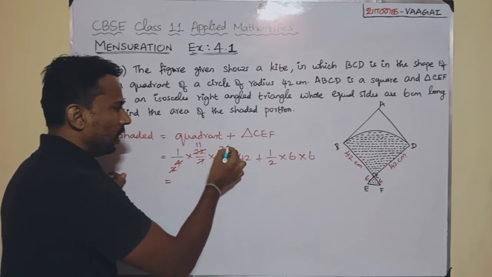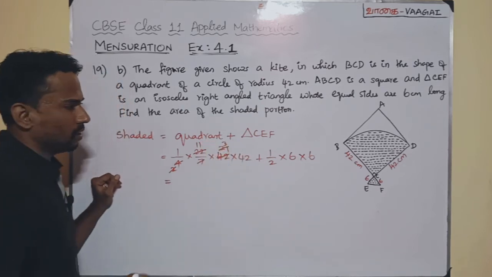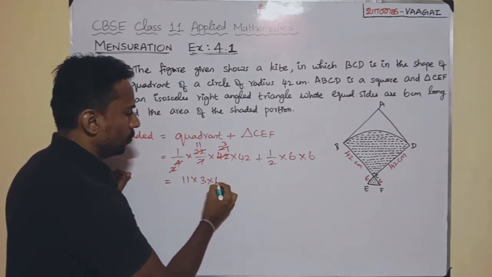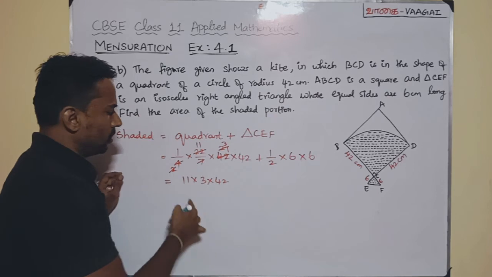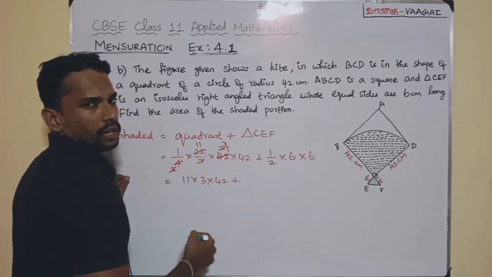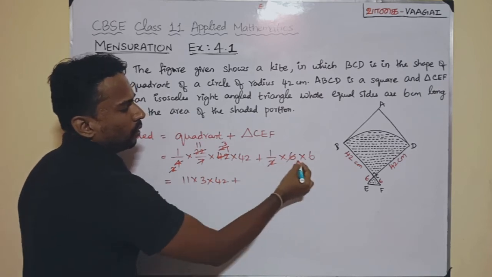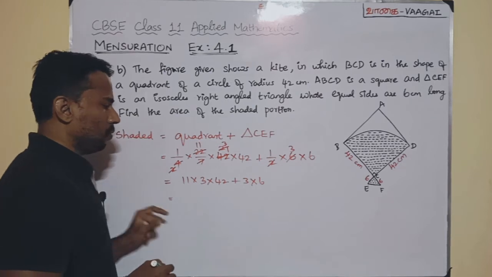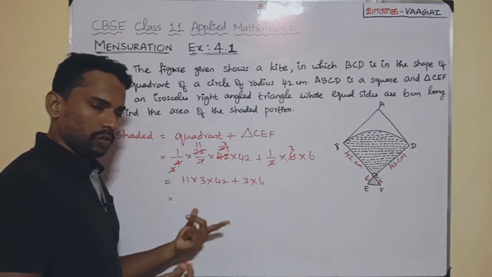Again this 7 and 21 for 3 times. That's it. Okay. So now I will be getting 11 into 3 into 42 because all the denominators got cut. So 11 into 3 into 42 is what is left over, plus now here what we have, here we have 2 and 6. I can cut for 3 times, so 3 6 are. So now simply we have to multiply these values clearly and add it to get the final answer.